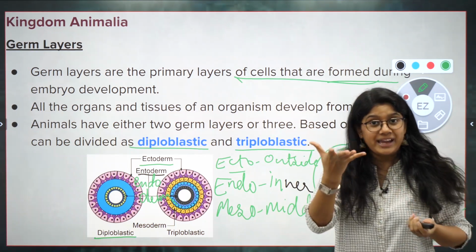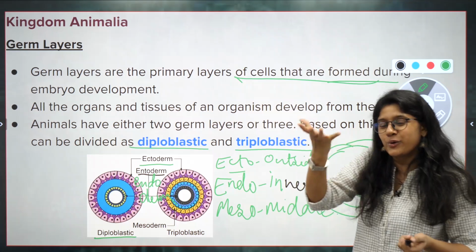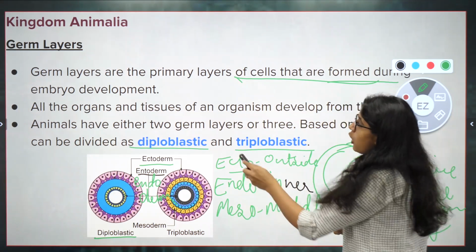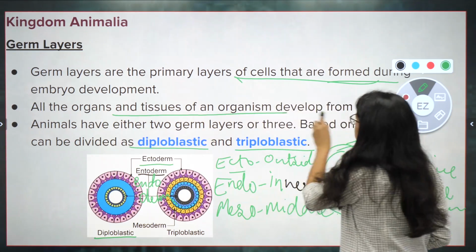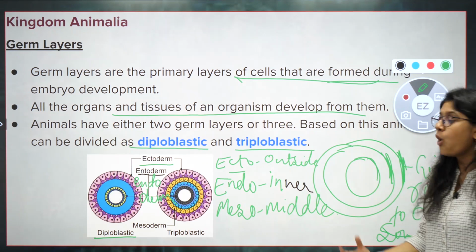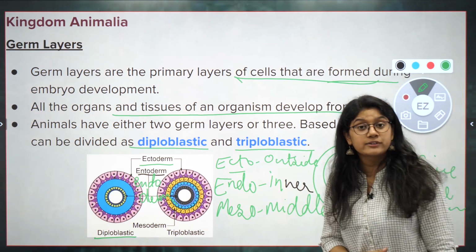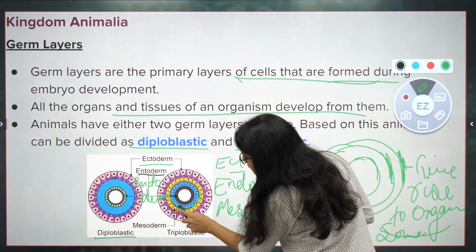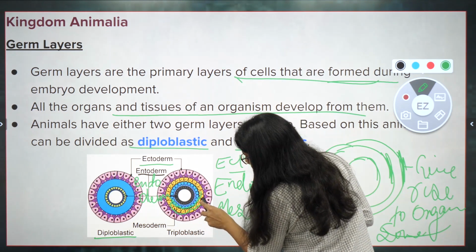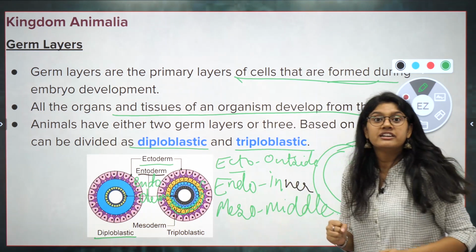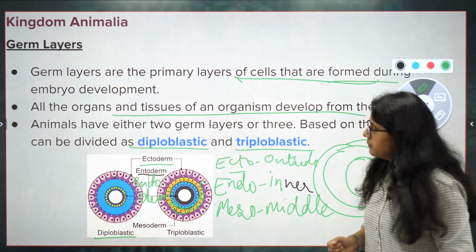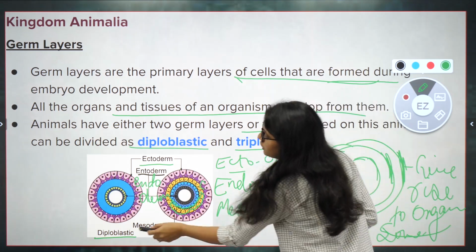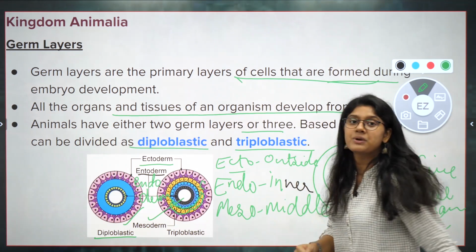When we are growing from a small egg, the zygote, all the organs and tissues come from there. All the organs that we have in our body, all the tissues will be coming from here only. Slowly, these cells will start dividing, and they will form the different types of organs. Clear? Based on that, there are diploblastic and triploblastic.